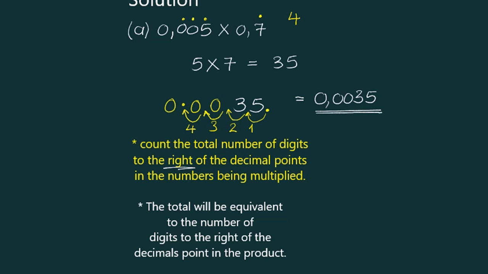I hope you have seen and understood what I did, and that you came out with the right answer when attempting part A. The important thing is to first ignore the decimal point and multiply the figures as if they were integers. Then count the total number of digits to the right of the decimal points in the numbers being multiplied, and that number of digits becomes the number of digits to the right of the decimal point in your product.